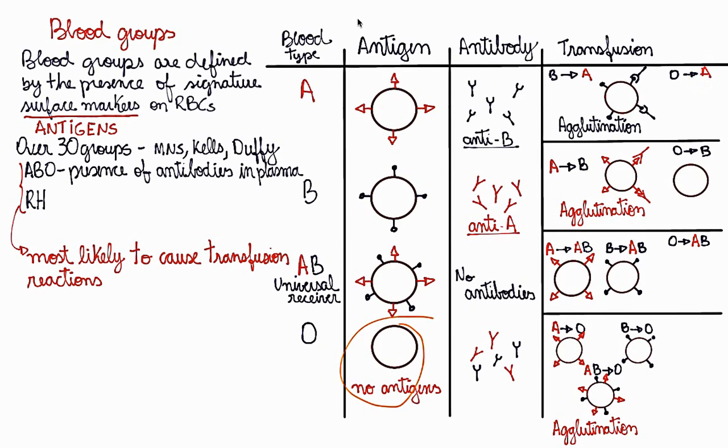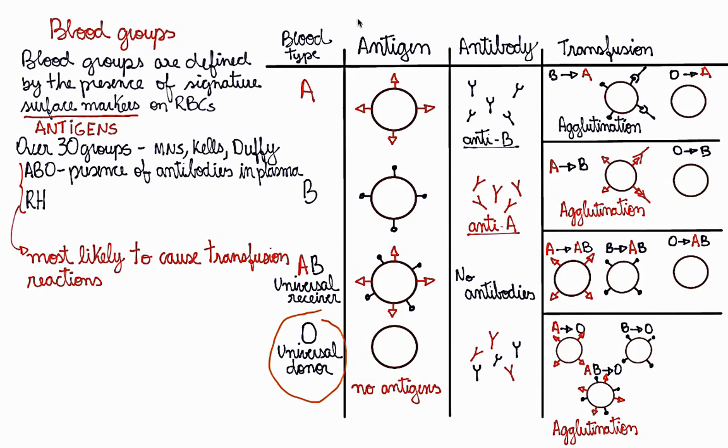So that person, in all scenarios here, gets the blood just fine. There's no agglutination taking place when a type O is donated to a type A, to a type B, or to a type AB. Because of that, we call type O the universal donor, because anybody can receive blood of type O.